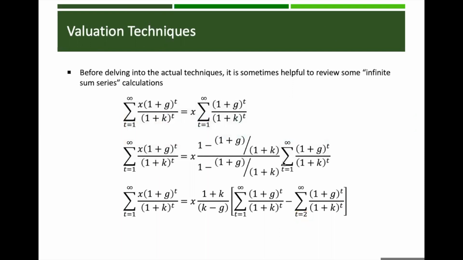Now what I have is the series that starts at t equals 1 going on to infinity, minus itself, except it starts at 2 and goes on to infinity. Thus, the only thing that's left is (1 + g) to the power 1 over (1 + k) to the power 1.